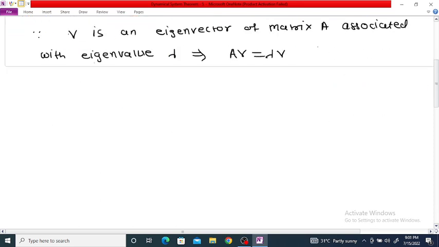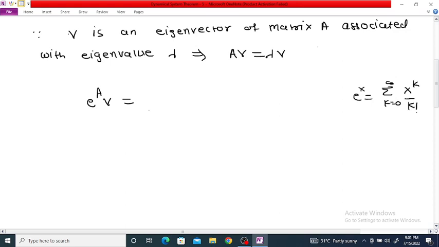So now consider e raised to A v. Since e raised to x is equal to summation k equal to 0 to infinity x raised to k divided by k factorial, by using this formula we can write this as summation k equal to 0 to infinity A raised to k divided by k factorial into v.